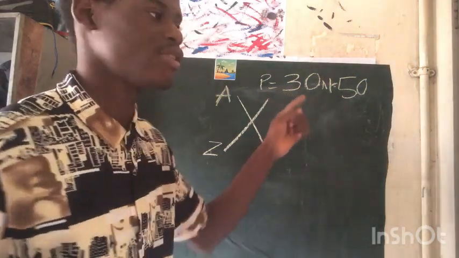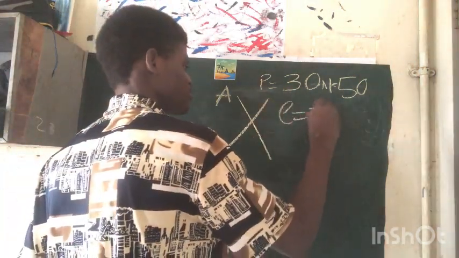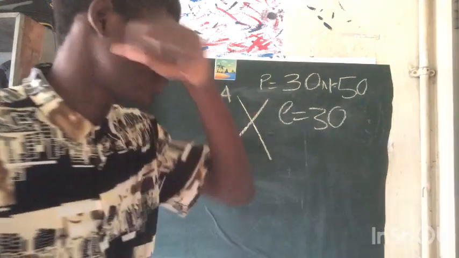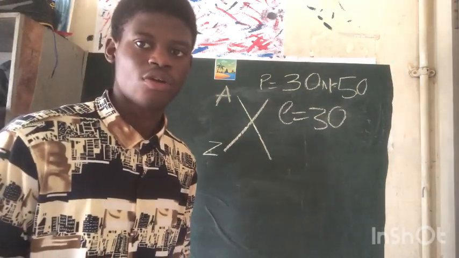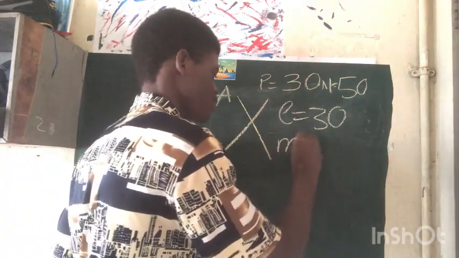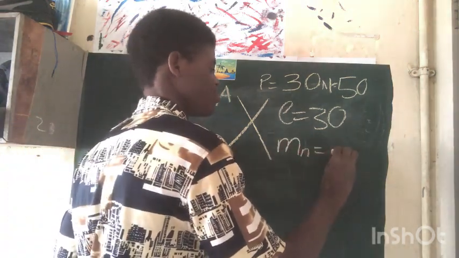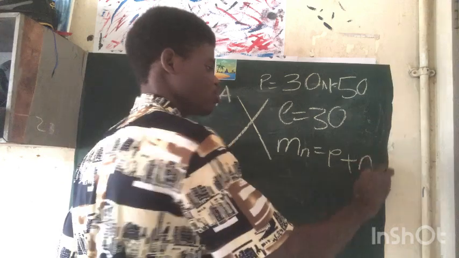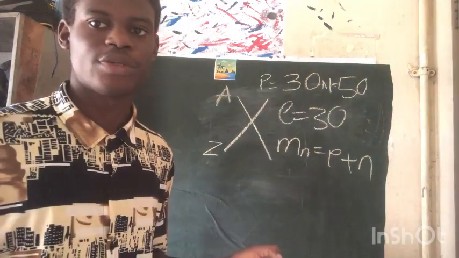So if proton number is 30, electron number is also 30. If they ask you what is the mass number, you should know that mass number is proton plus neutron number. So that's what's present in the atomic mass.